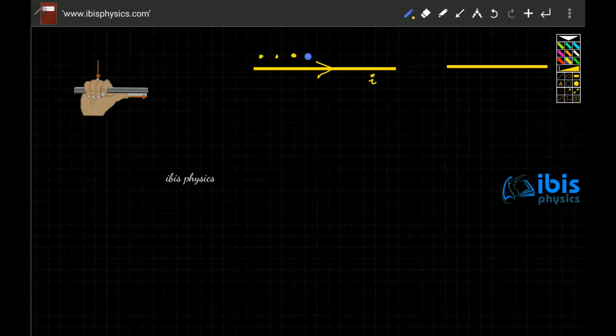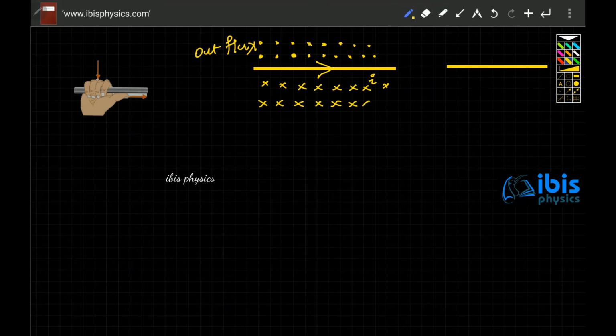Magnetic field coming out of the screen or the paper or the surface is represented by dots. So the magnetic field is coming out, so we call it out flux. And on this side, the fingers are going in. So the magnetic field is into the screen or into the paper or into the surface.